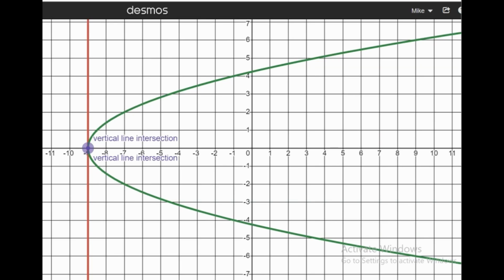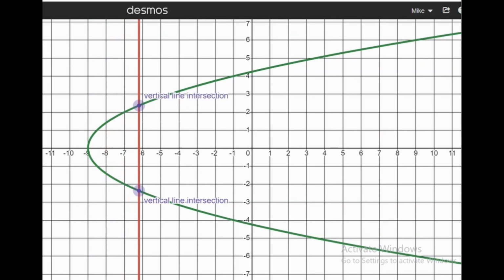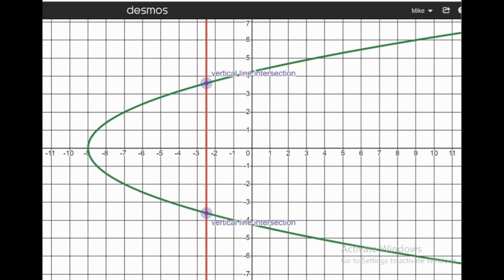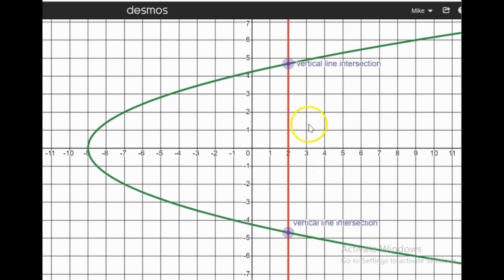One intersection. But as we keep going to the right, you can see that there are two vertical line intersections on this curve. And because this vertical line intersects the curve in two places on the same vertical line, this fails the vertical line test, and therefore this must not be a function.